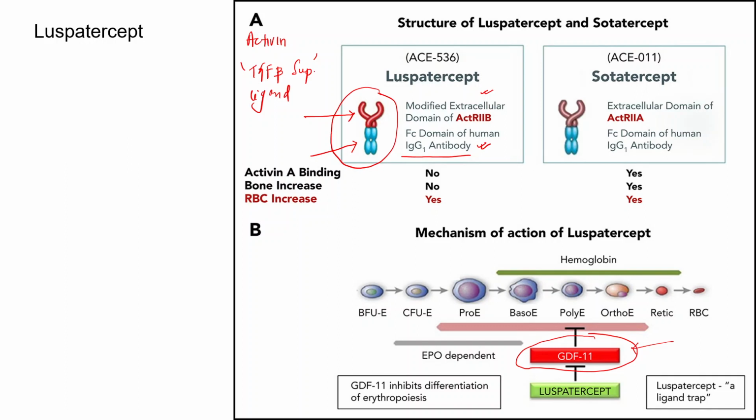And by both these mechanisms, it is causing erythroid maturation, or erythropoiesis. Luspatercept has been studied in MDS, in beta thal, and also in primary myelofibrosis. And this is the mechanism of action.